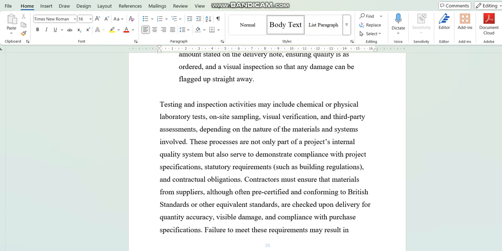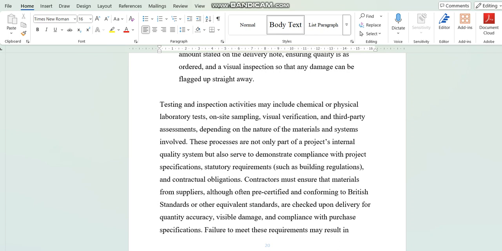Or certain work or installations or something like that. There will be certain things, like it could be material, it could be machineries, it could be work, the work itself that requires some form of testing and inspection.